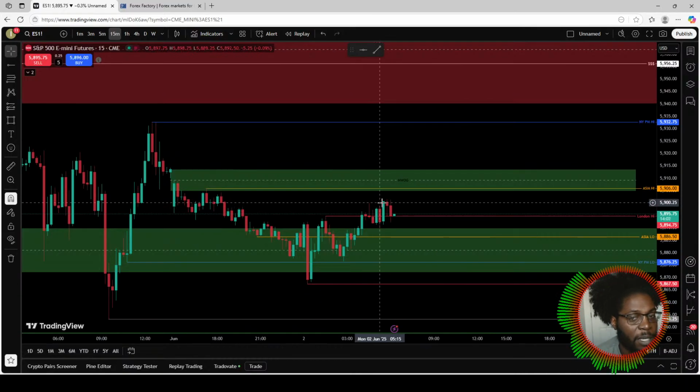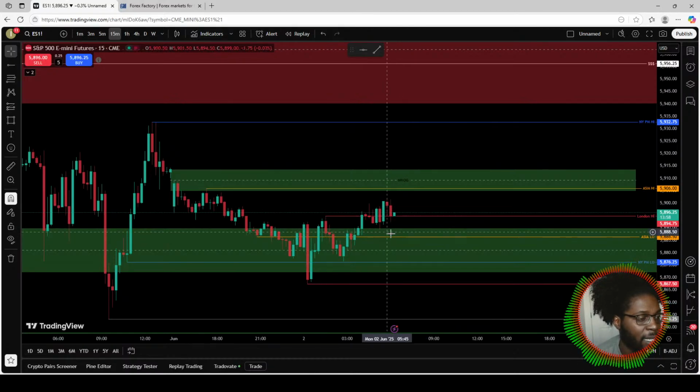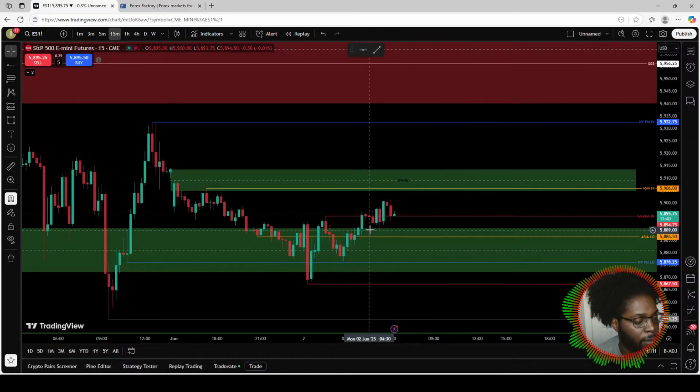Or from here, we can open up, sell off first, probably wouldn't take anything else out, but we'll probably tap back into this Asia low area for a retest, possibly fill some more orders, and then find a continuation to the top. So it's just both ways how I'm looking at it.